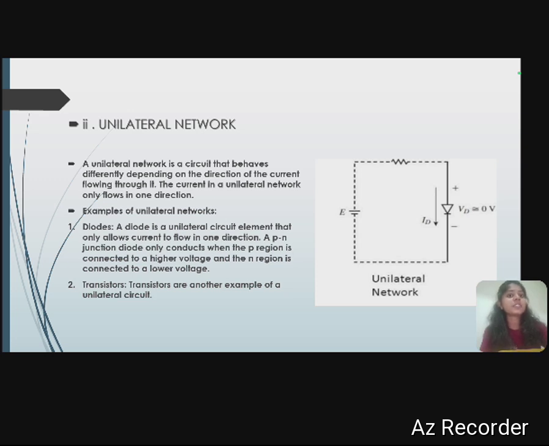The diode is a unilateral circuit element that only allows the current to flow in one direction. A PN junction diode only conducts with the P region connected to the higher voltage and the N region connected to the lower voltage, where the transistor is another example of a unilateral circuit. So these are the unilateral networks.